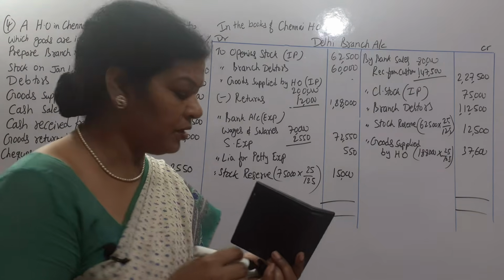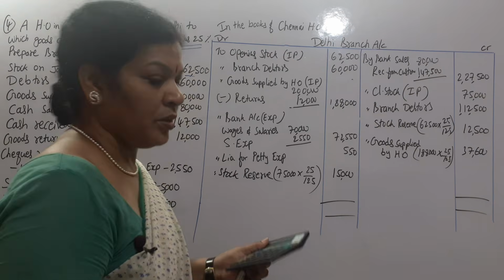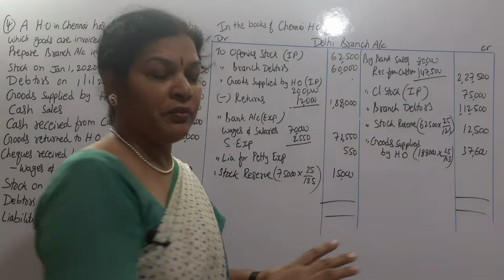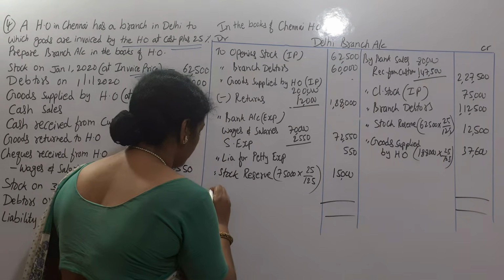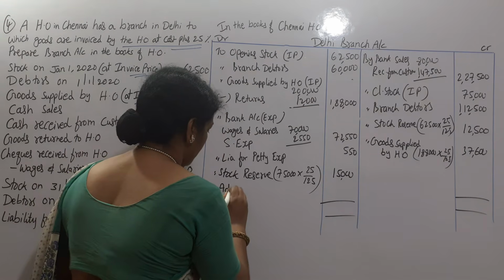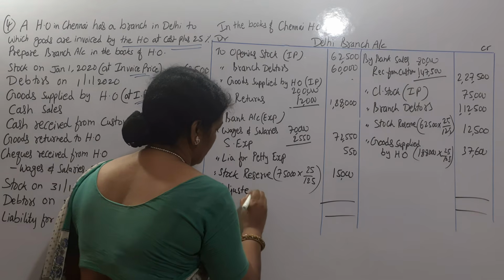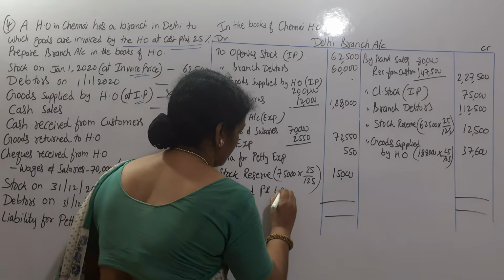Okay, now problem is very simple. Over, everything we have posted. Let's calculate that amount, whatever we get, that is adjusted profit and loss account.